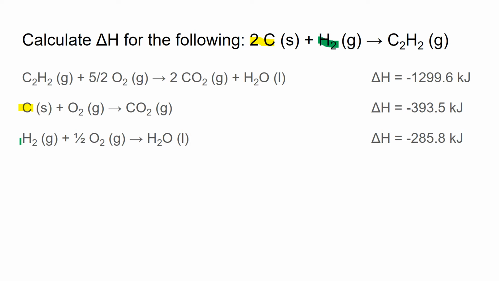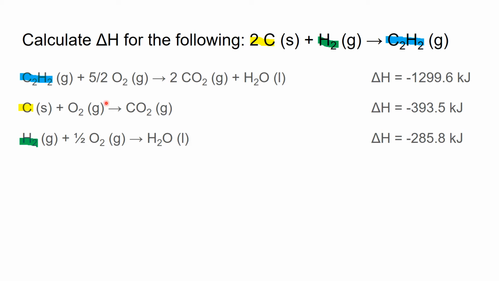Down here, there's my H2. And my C2H2 is here. Okay, so those are what I'm concerned with. Everything else over here, we have to hope that eventually cancels out. If not, we're going to have a problem.